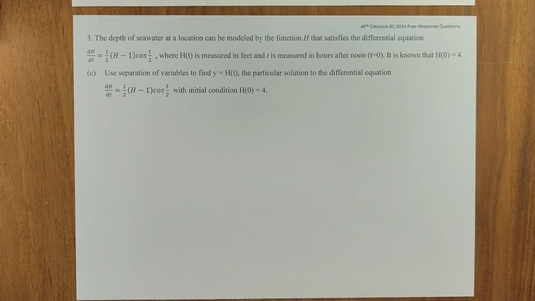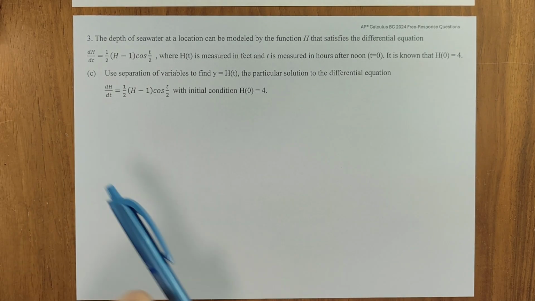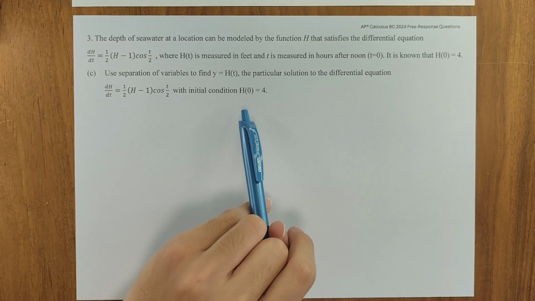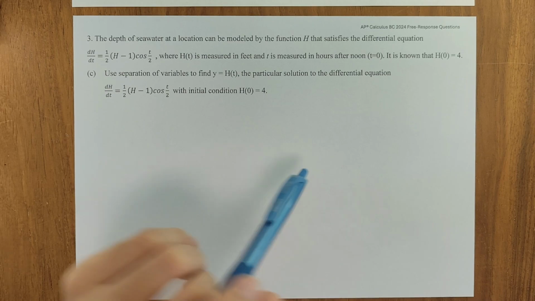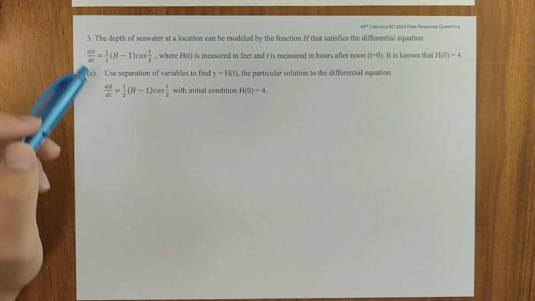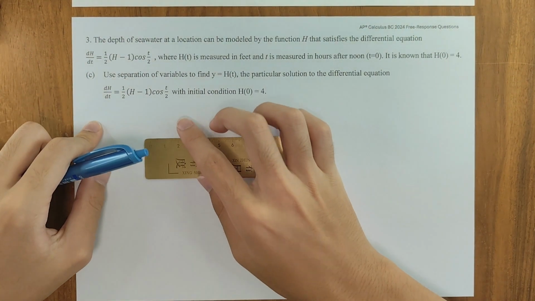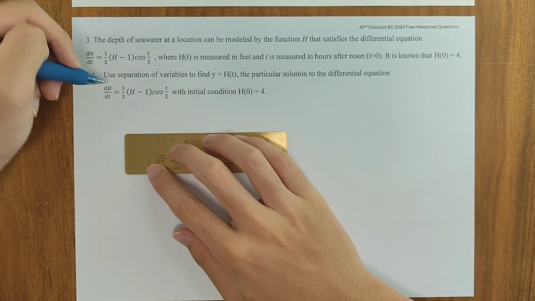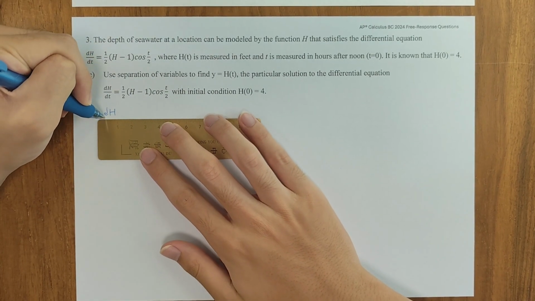Okay, so the final question for question 3 is C. Use separation of variables to find y equals h of t, the particular solution to the differential equation dh dt, with initial condition h of 0 equals 4. Okay, so dh dt is a differential equation, and we have to use separation of variables.